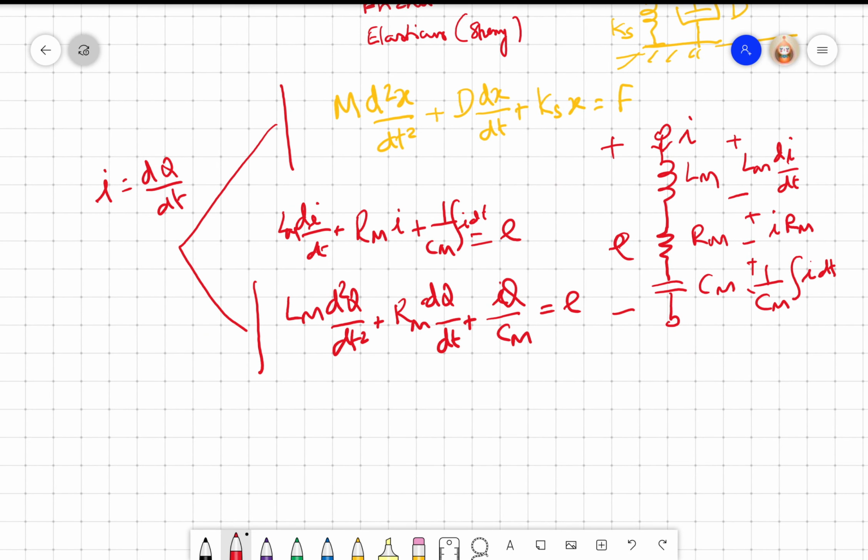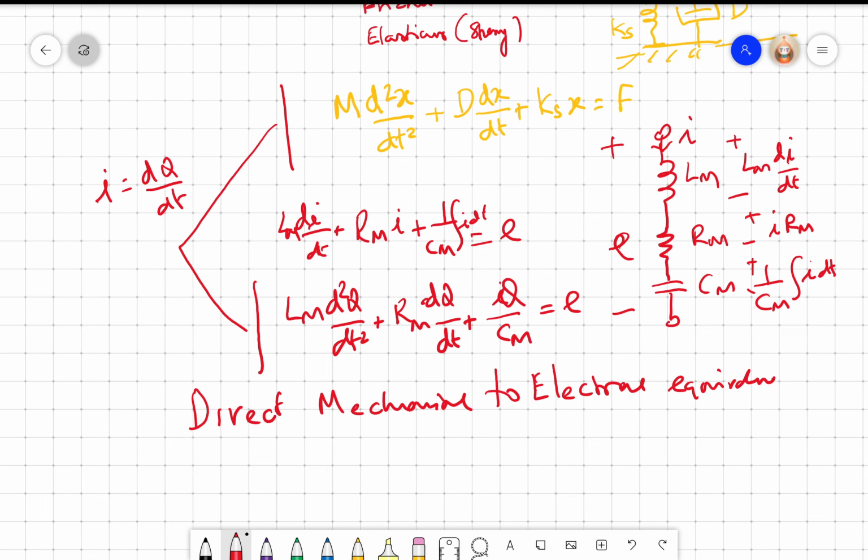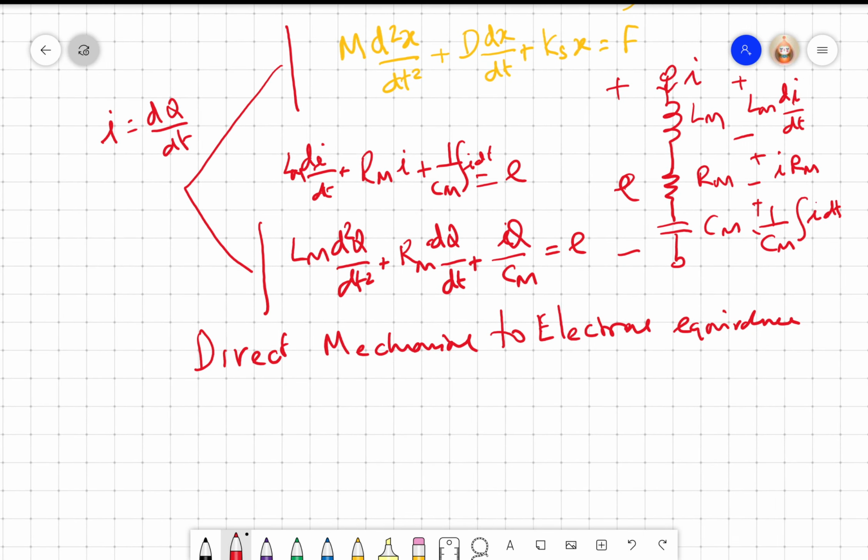So we call this direct mechanical to electrical equivalence, right? So here I know displacement x is charge q, right?